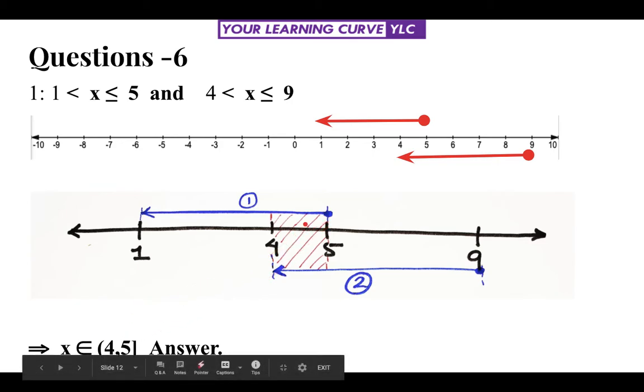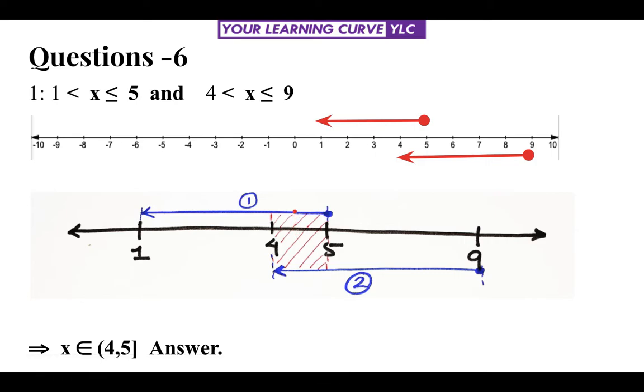First write down the interval, then you check the endpoints, whether they are to be included or excluded. You see number 4 is a part of the first inequality, so it can be included in the first inequality. But when you go to the second inequality, you see that there is an arrow over here, meaning this inequality is approaching 4, but it is not equal to 4.